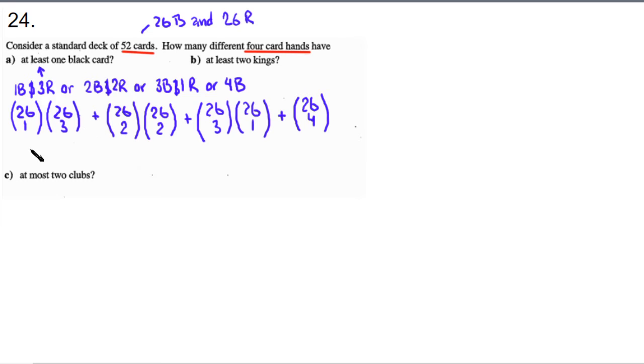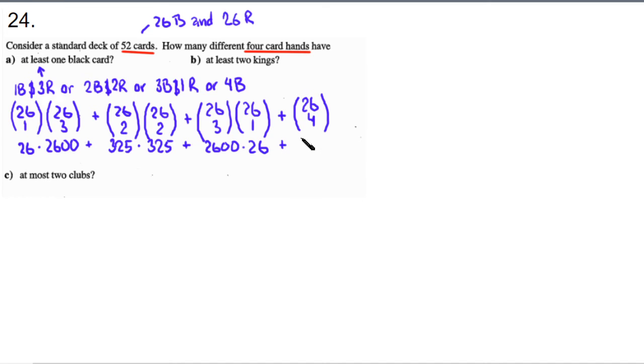Now, if we calculate this on our calculator, 26 choose 1 is 26 times 26 choose 3 is 2,600. 26 choose 2 is 325 times 26 choose 2, so that's the same thing, 325. 26 choose 3 is 2,600. 26 choose 1 is 26.